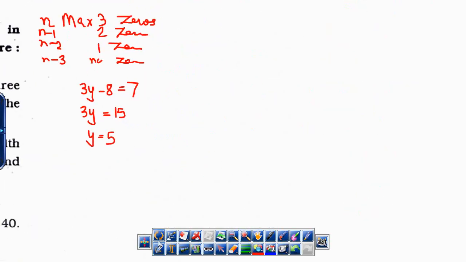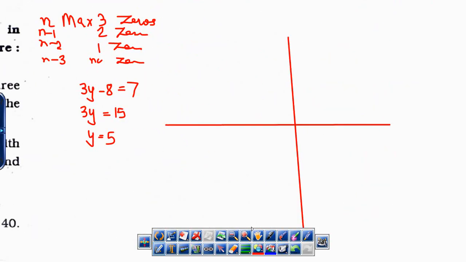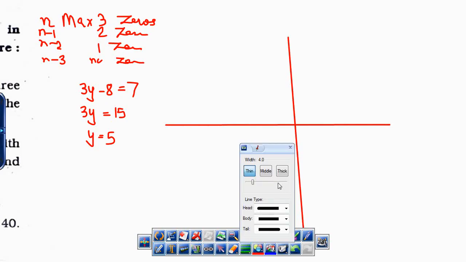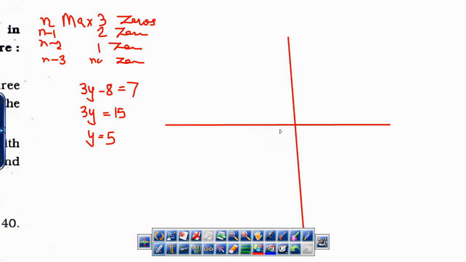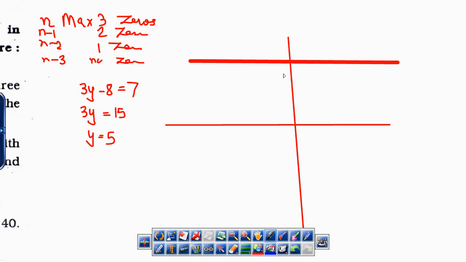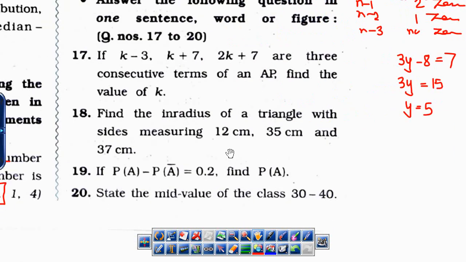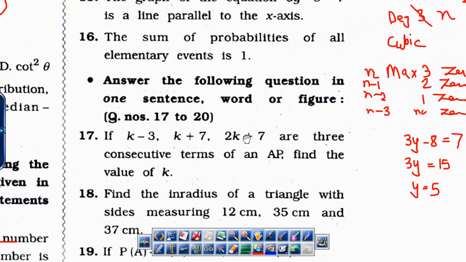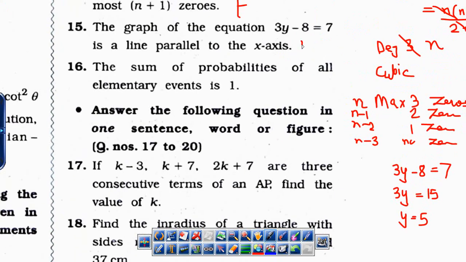The graph of y is equal to 5 is a sleeping line. Whenever you have y is equal to something, it's a flat sleeping line cutting the y-axis at point 5, and therefore this line is parallel to the x-axis, and the answer is true.